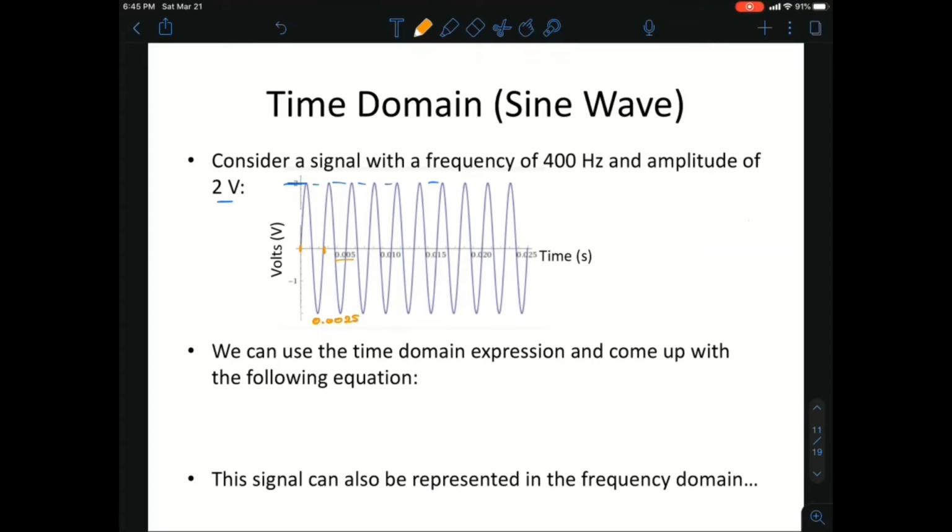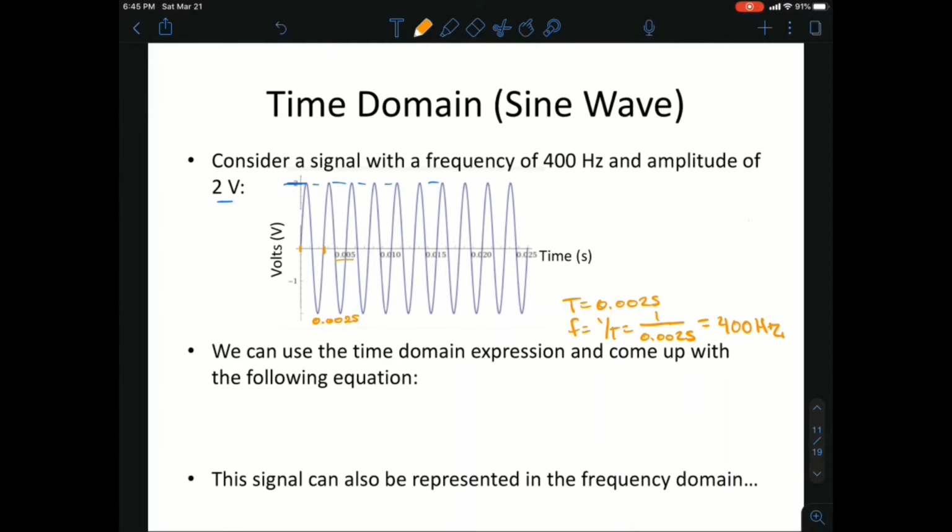And we do the math: if t equals 0.0025 and f equals 1 over t, that equals 1 over 0.0025. Bust that calculator out, and that will confirm that it is in fact 400 hertz.